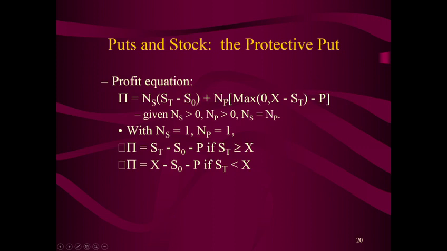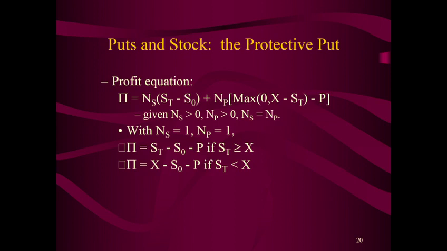Why? Because this is a long put, so there's no negative. Compared to the covered call, where you short the call, so it's a negative. Don't get mixed up there. So you combine these two and you get ST minus SO plus X minus ST minus P. The result is X minus SO minus P if your put is in the money.